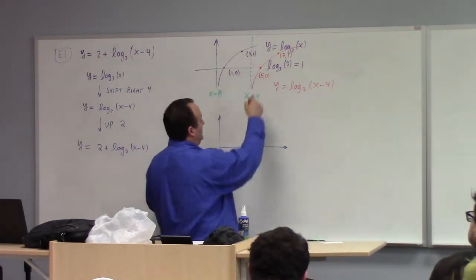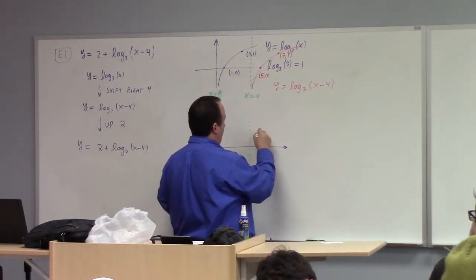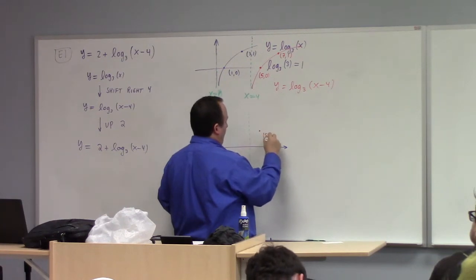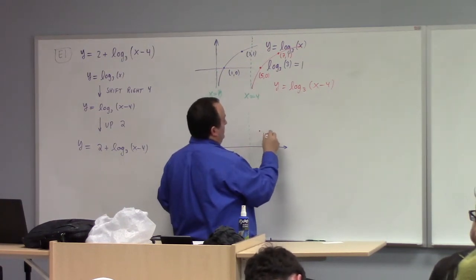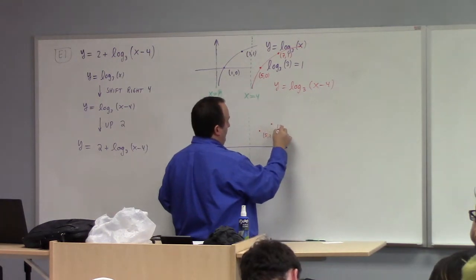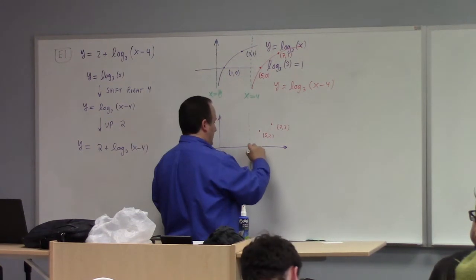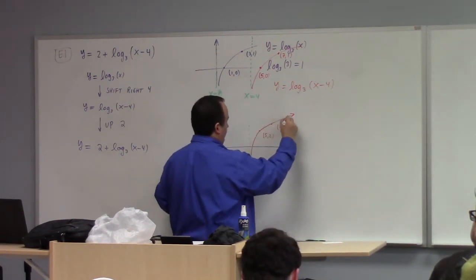So my (5, 0) maps to (5, 2), and my (7, 1) maps to (7, 3). And the graph is something sort of like this, all right?